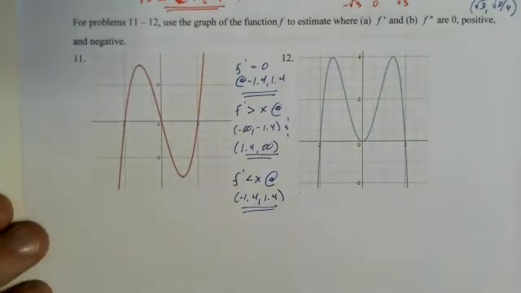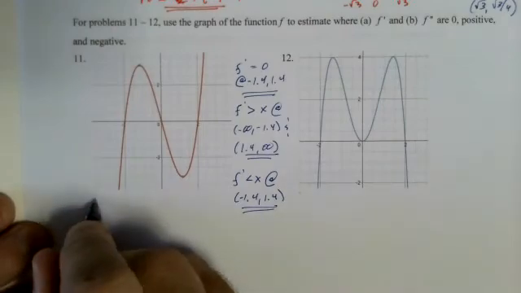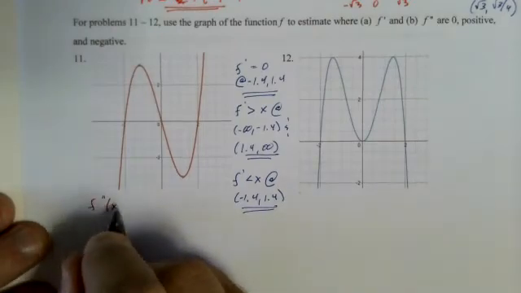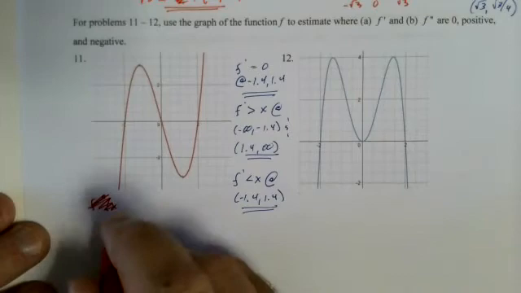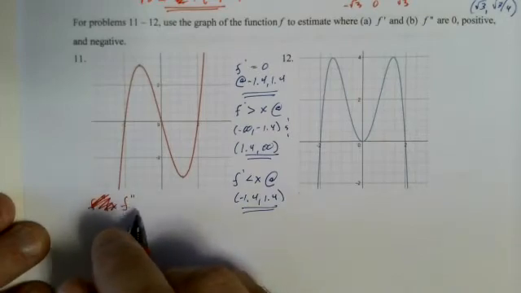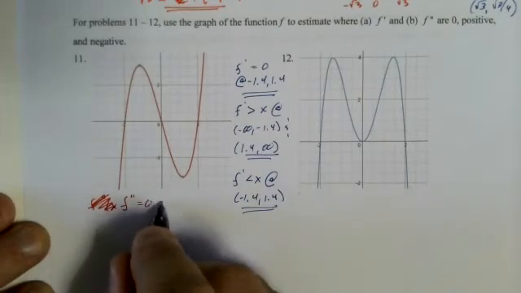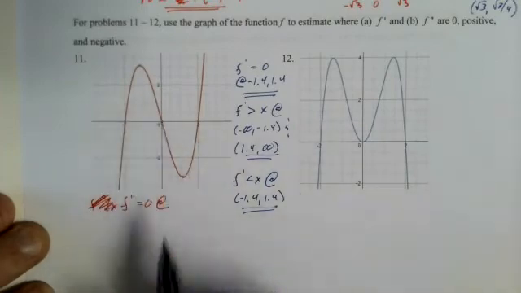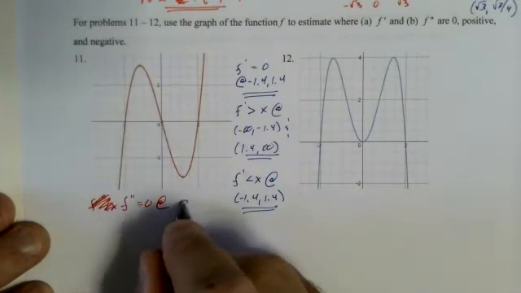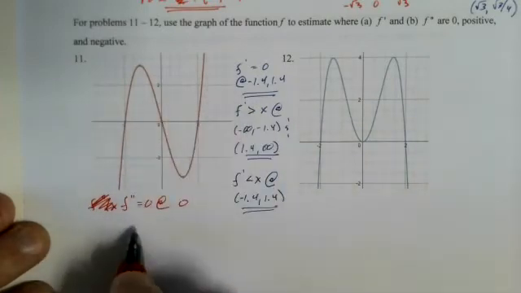Now over here, let's do second derivatives. f double prime of x equals 0 at, looks like there's only 1 point of inflection. It looks like it's 0. These are all x's, so I'm not being clear.